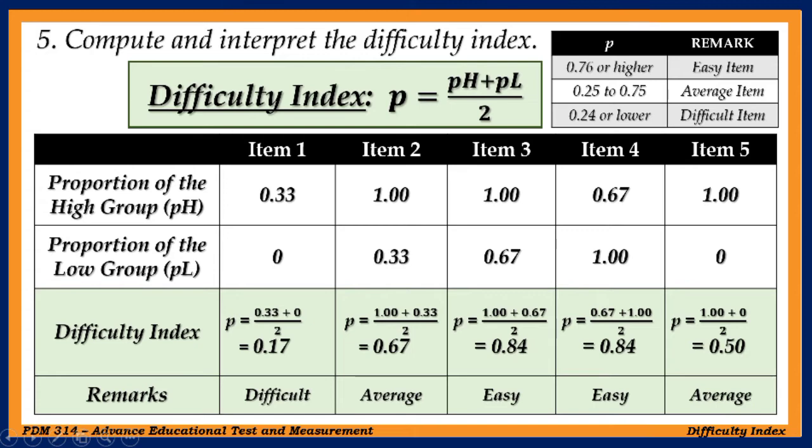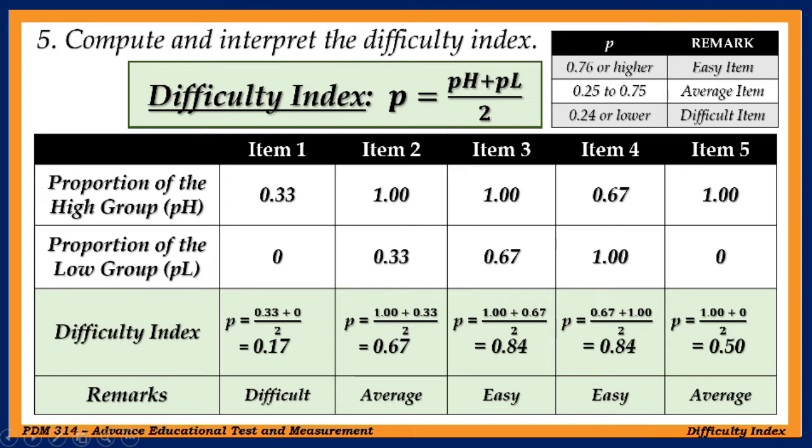For item number 1, the difficulty index is equal to 0.33 plus 0 all over 2, which is equal to 0.17, interpreted as a difficult item. For item number 2, 1 plus 0.33 all over 2 is equal to 0.67, which is an average item.